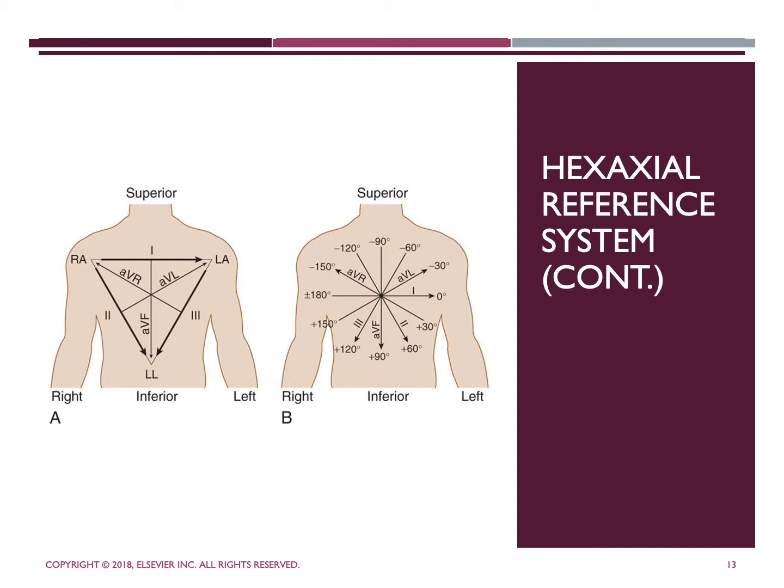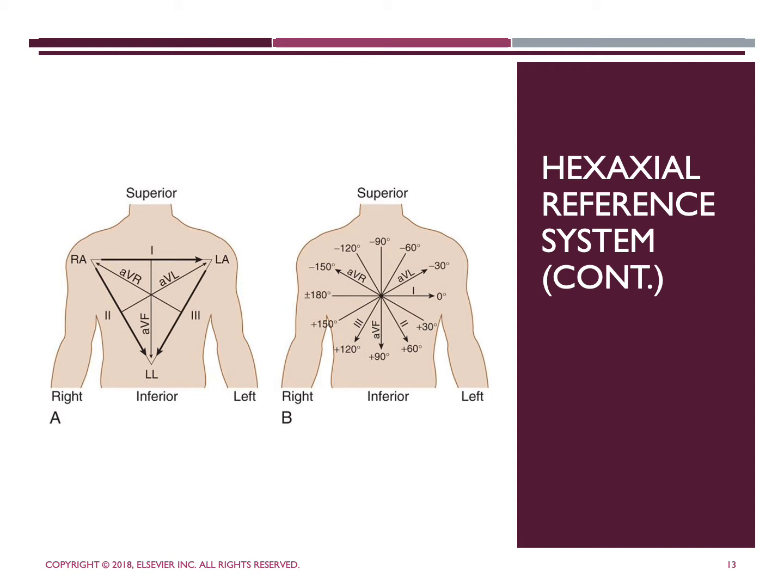So if the electrical force moves toward a positive electrode, what we're going to see is a positive or upright deflection on our ECG strip. If the electrical force moves away from a positive electrode, a negative or downward deflection will be recorded on that strip.